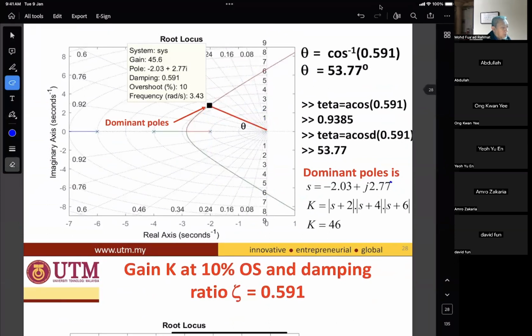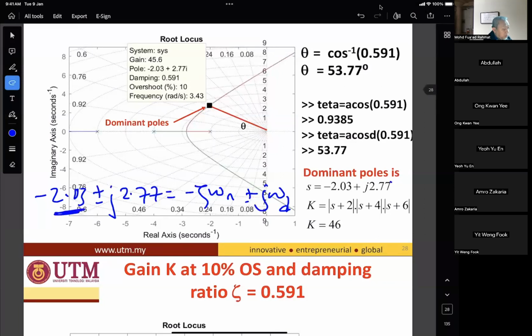You just use the concept of the dominant pole here, where minus 2.03 plus minus j 2.77 is equal to minus zeta omega n plus minus j omega d. So in this case, this 2.03 is equal to zeta omega n.